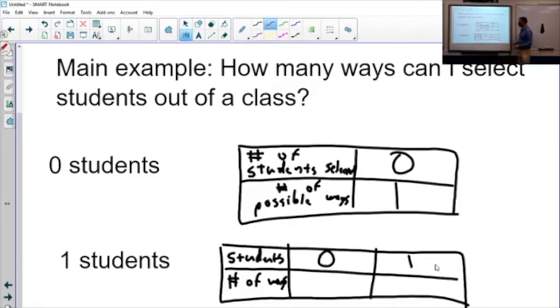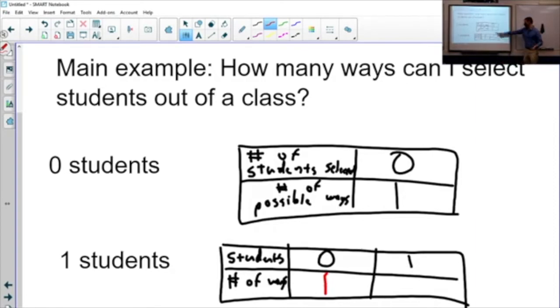So how many different ways can I select? So we just have Marley in the class. How many different ways could I select nobody? 1. Okay. So I could not select her, and that's the only thing I can do.